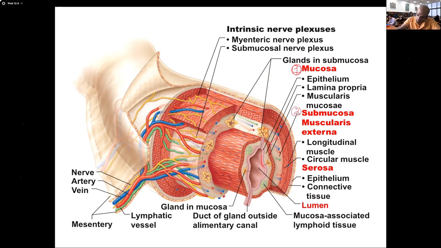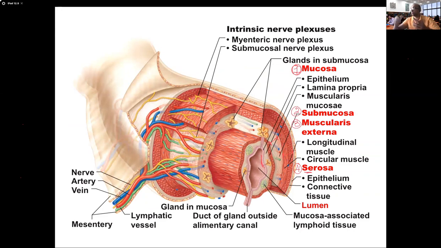Then we have the muscle layers on here. We call this the musculosa or the muscularis externa. And then to the outside, we've got a very thin layer of connective tissue and epithelium covering the wall of the gastrointestinal tube. This is called the serosa.